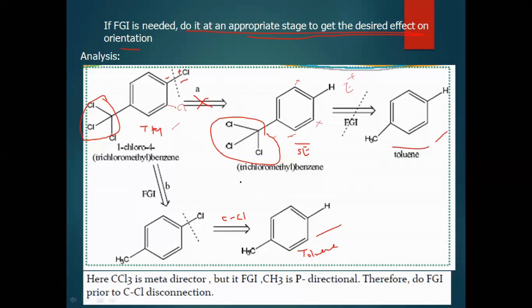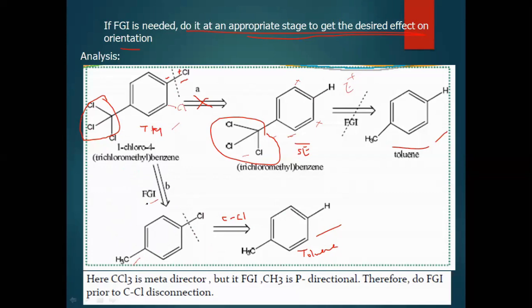Here the CCl3 in path A is a meta director. But if it is converted by FGI to CH3, you can do the FGI in the first step itself in path B. Propose the FGI, convert this CCl3 into CH3. You know that CH3 is a para director, right?